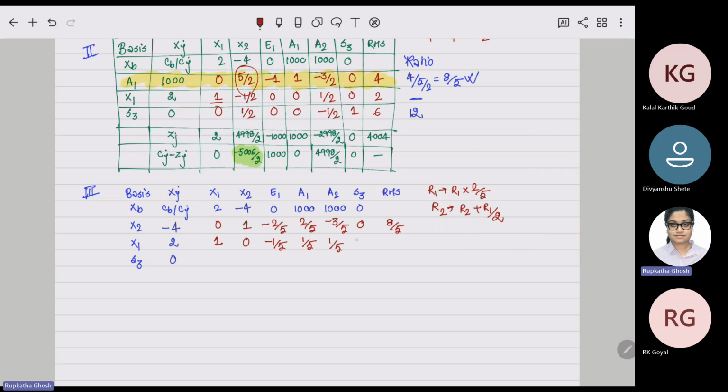And this will become 0 plus 0, 0. And this will become 2 plus 8 by 10, 28 by 10, right? So this will become 14 by 5.